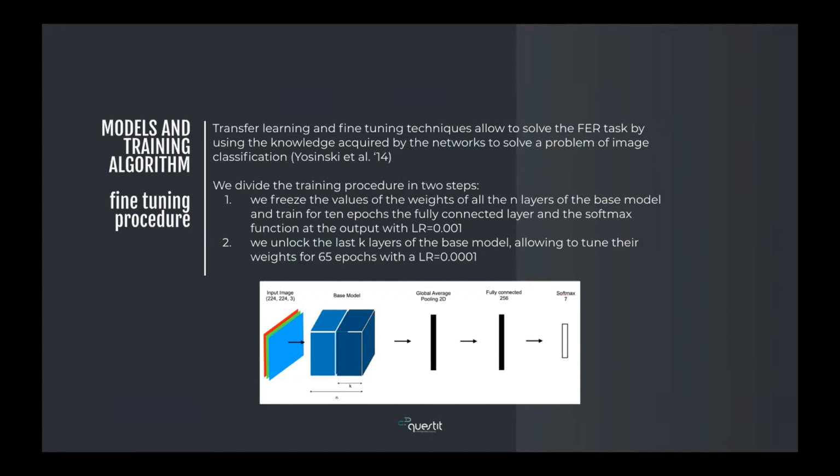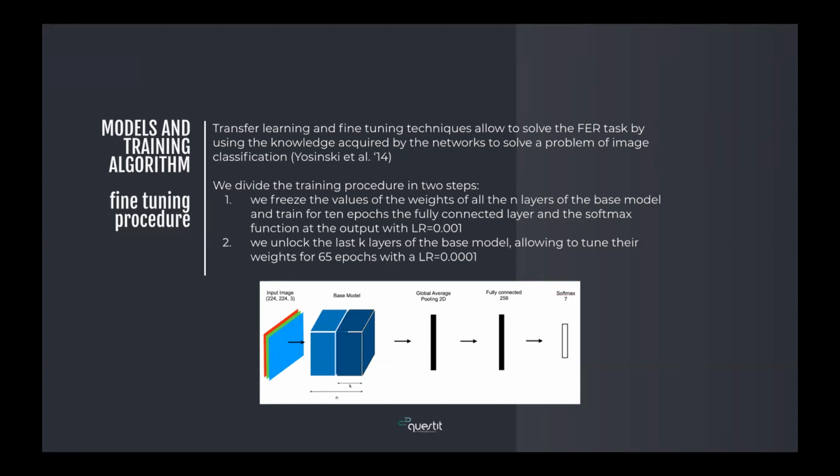And the idea behind transfer learning consists in reusing the knowledge learned in solving a given problem and transferring it to solve a different but similar one. So we have a similar problem of image classification that is not equal to the original one, but we can reuse the value of the weights inside the network to solve our task.